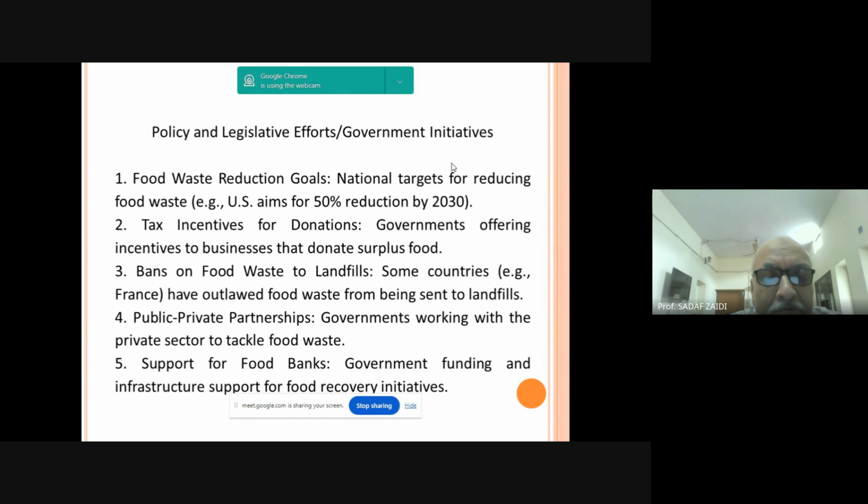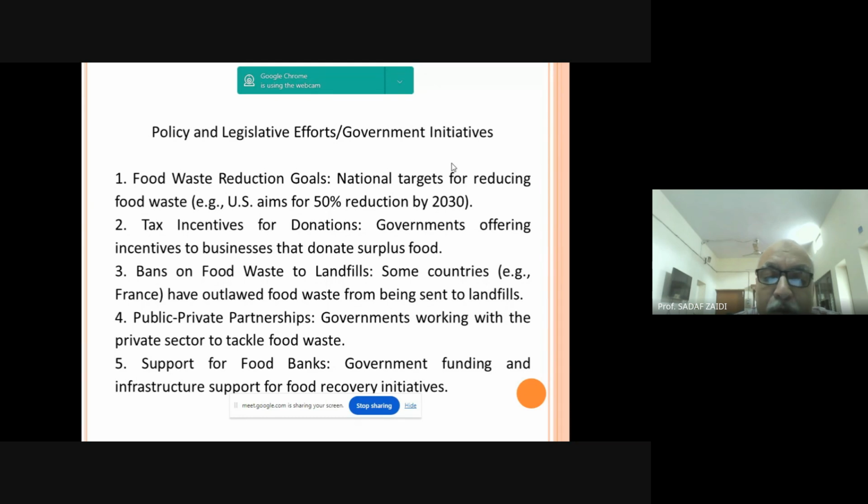Then there should be a ban on food waste to landfills, like in countries like France. They have outlawed food waste from being sent to the landfill because there it causes the generation of methane, greenhouse gases. So then there could be public-private partnerships to tackle food waste.